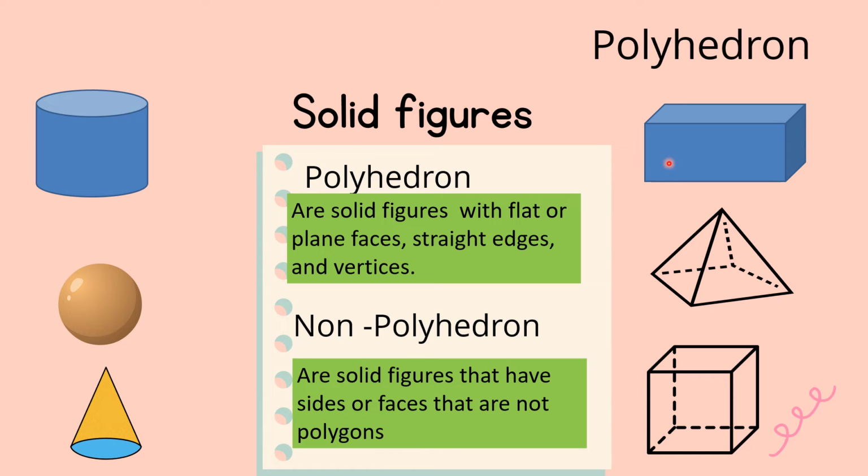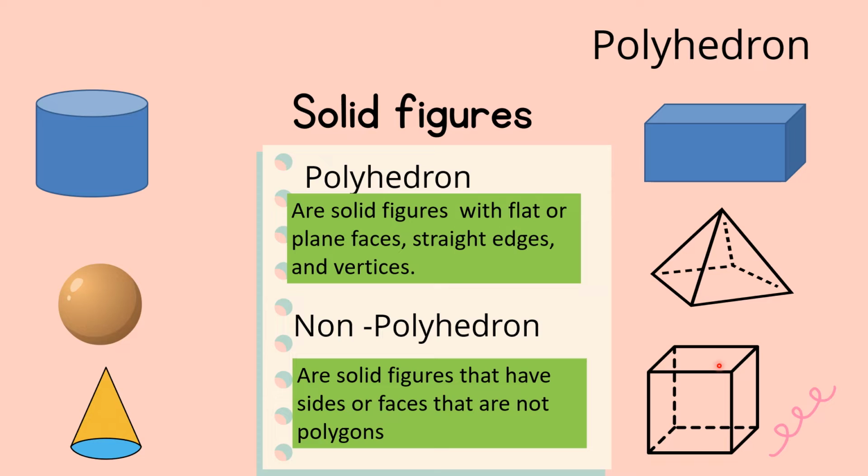Okay, so here, these are solid figures that are classified as polyhedron, with flat or plane faces. Look at this. These are what we call the faces, their sides. They are plane figures, they are flat, and they have straight edges.